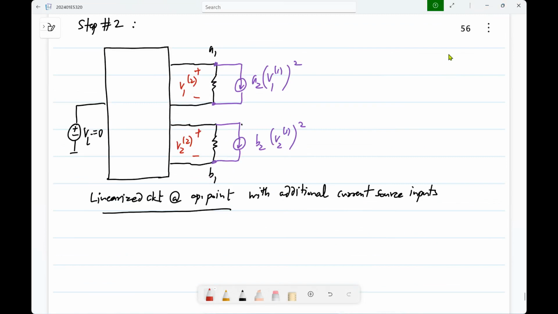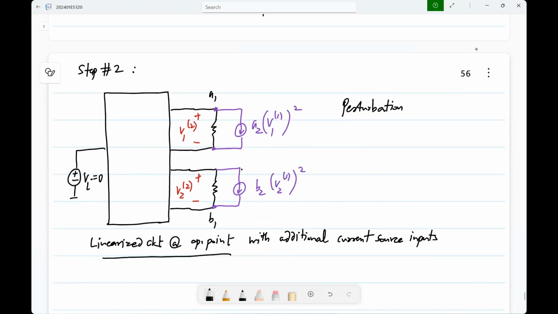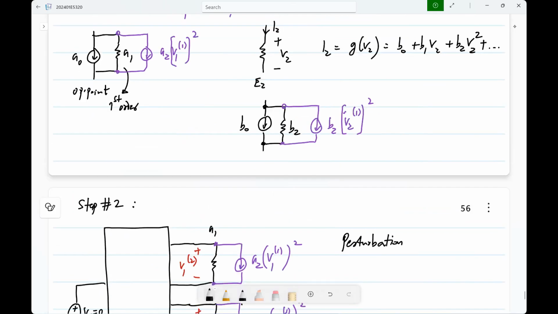Right. So this method is called the perturbation method or the current injection method. Okay.